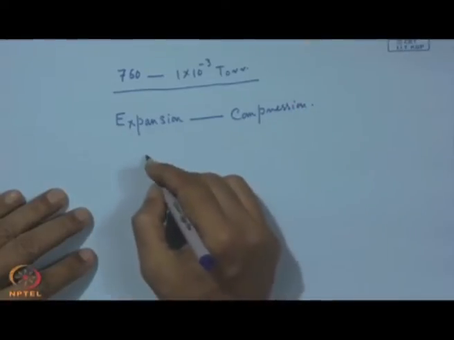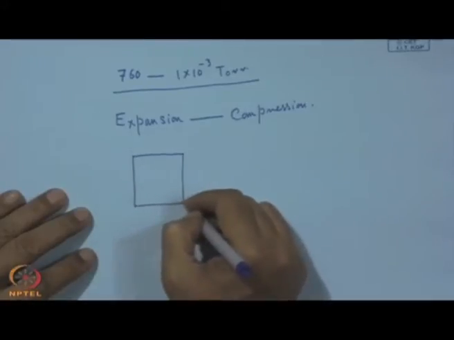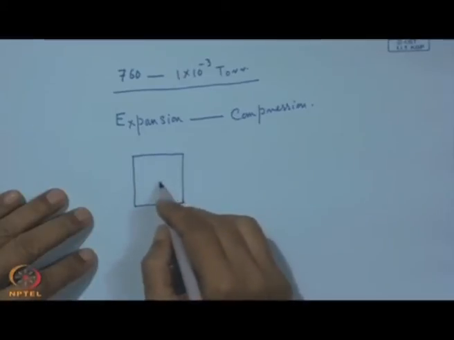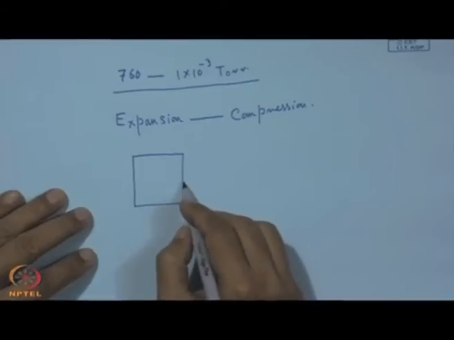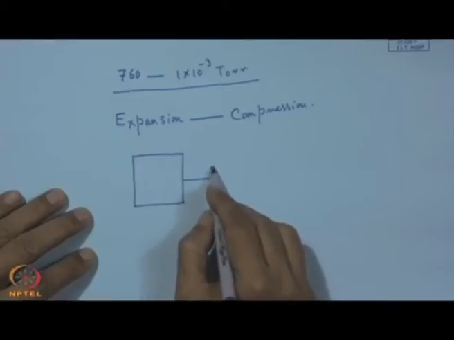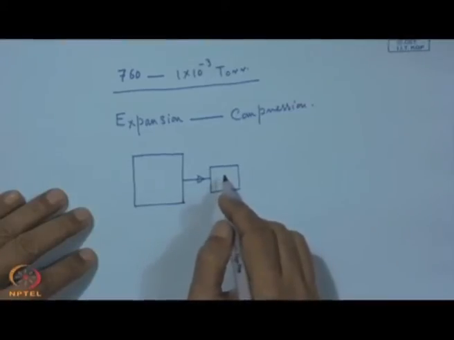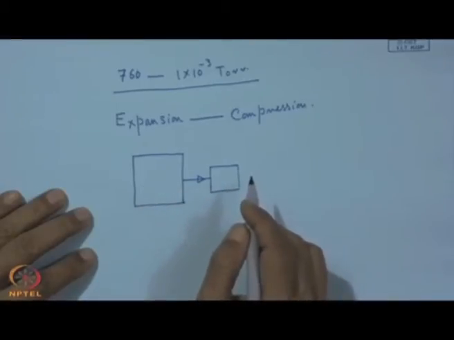Say for example, we have one chamber which is filled with atmospheric air, and then we have to evacuate it. Definitely we have to draw this with the help of a pump. That means, in the downstream side the pressure has to be below the pressure prevailing here, otherwise there will be no movement.